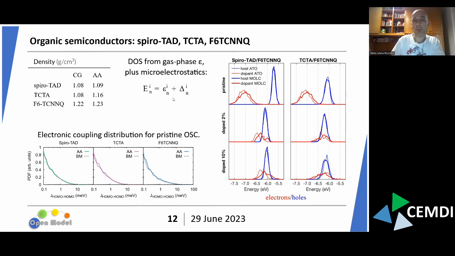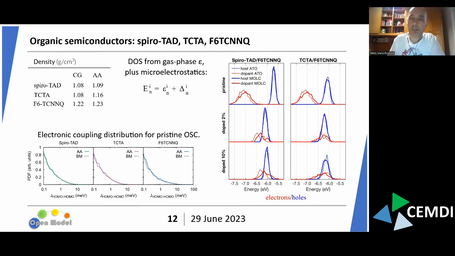We computed them quantum mechanically and then corrected them for, let's say, an infinite basis set, all that stuff, plus a term that accounts for the effects of the extended environment. So the electrostatic interactions between the hole or the electron on a molecule and the surrounding molecules. We include the polarizability of neighbor molecules, and this interaction is accounted for classically with microelectrostatics.